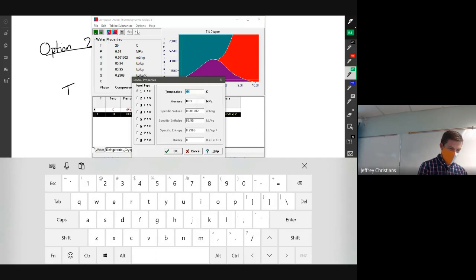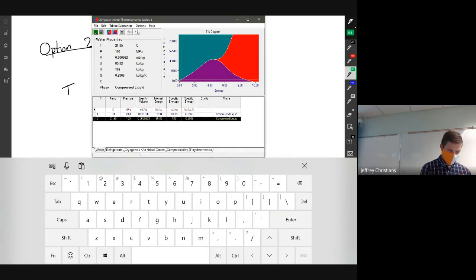So now we know pressure and entropy. The entropy is going to stay the same as it was coming in. The pressure is going to go from 1/10 of an atmosphere, 0.01 megapascals, to 1,000 atmospheres, 100 megapascals.